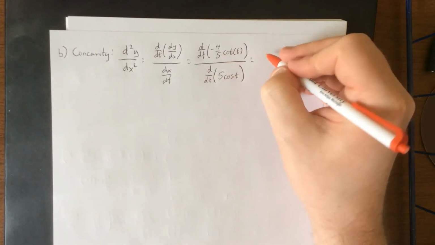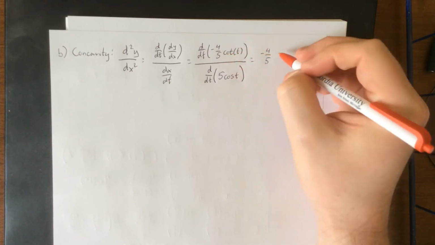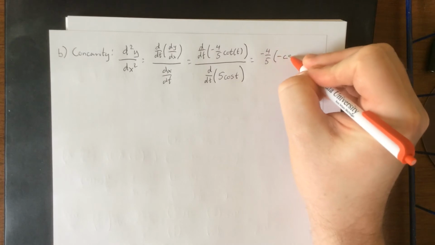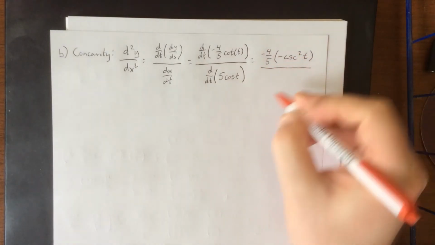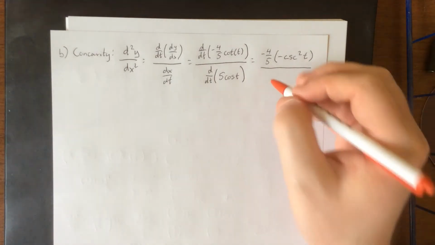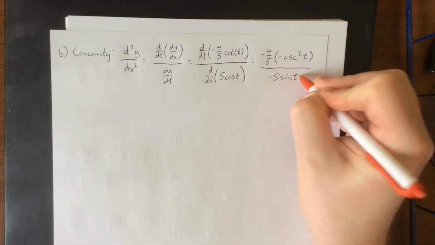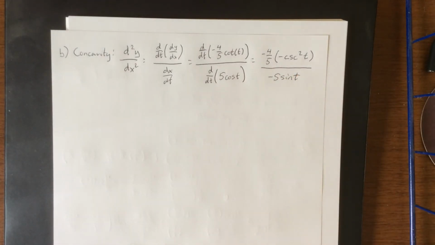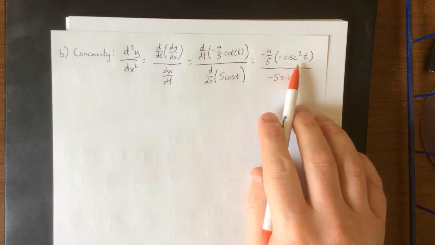Negative 4/5 is a constant multiple. We don't need to worry about that. Derivative of the cotangent of t is going to be negative cosecant squared of t. And in the denominator, 5 times the cosine of t will become negative 5 times the sine of t. Now, as a reminder, the cosecant is the reciprocal of the sine.